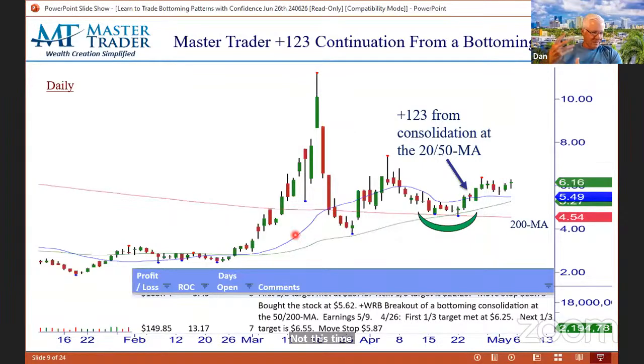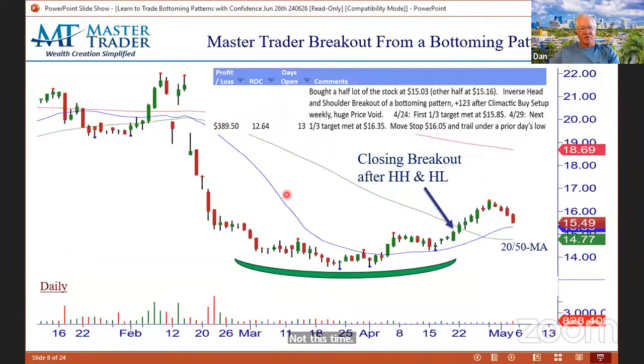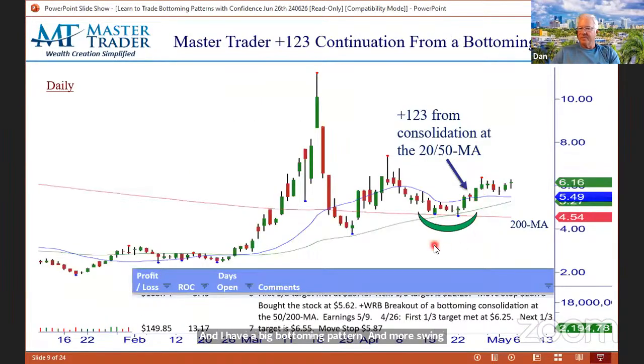All right. So again, keep in mind these moving averages, because see this one, declining 50, declining 200, but I have a big void and I have a big bottoming pattern, and we're swing traders. But notice where this one is relative to these moving averages. Yes, the 200 is declining.